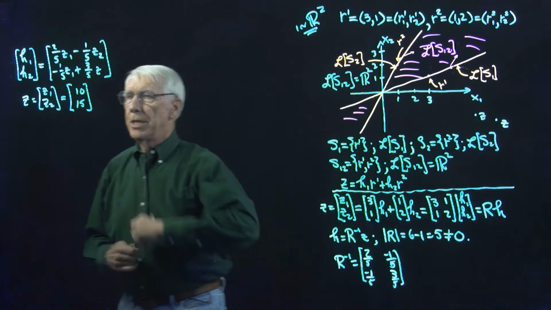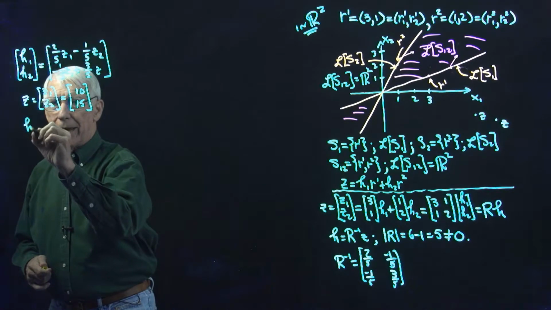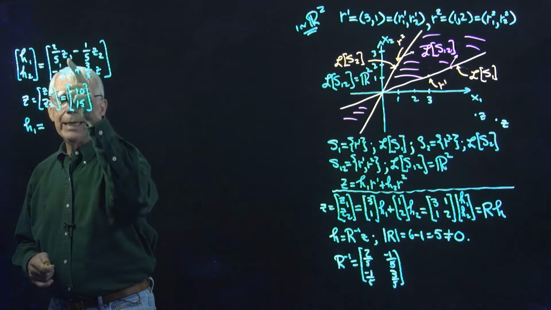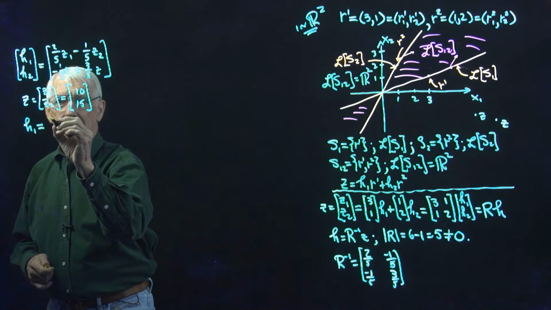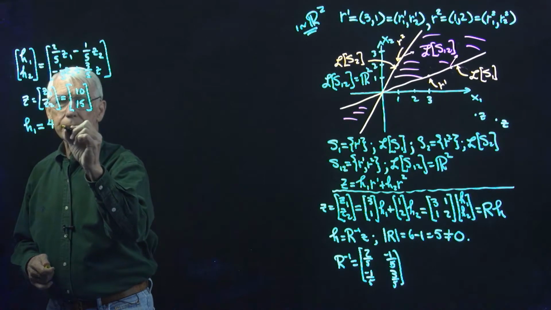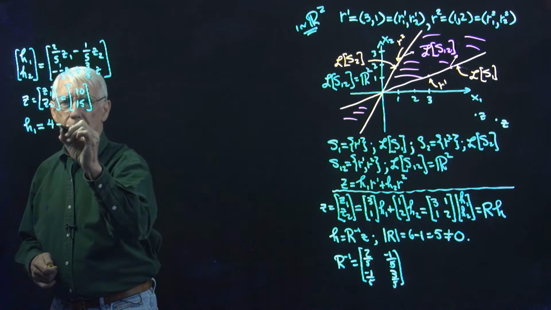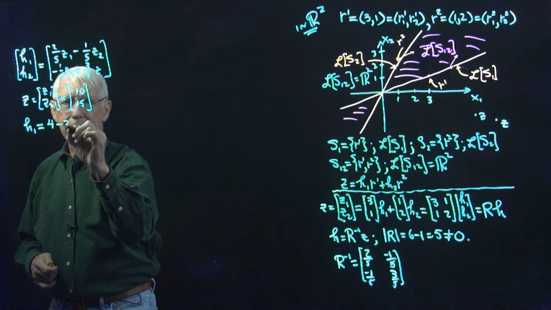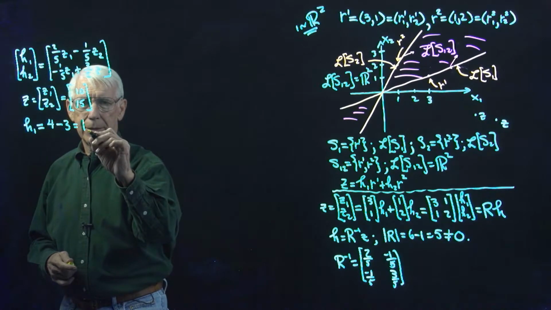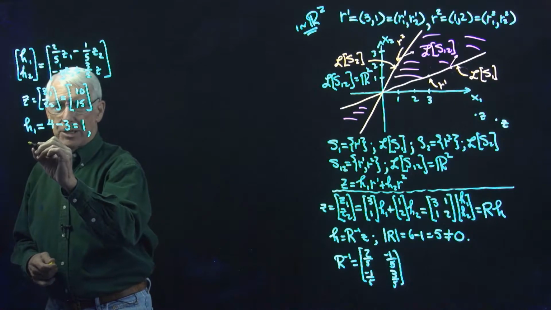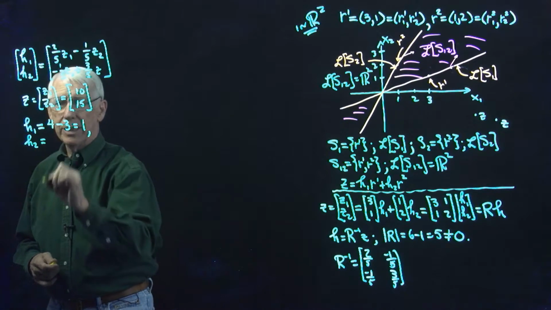And so to do that, I simply need to have H1 be 2/5 of 10. That would be 4, minus 1/5 of 15. That's 3. So H1 has to be 1. And let's put H2 down here.